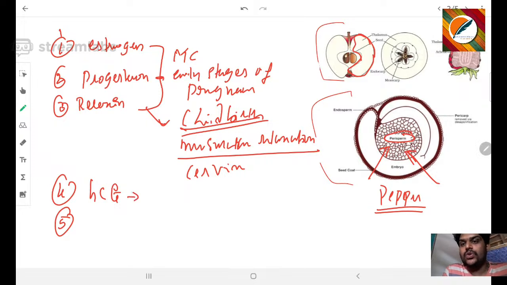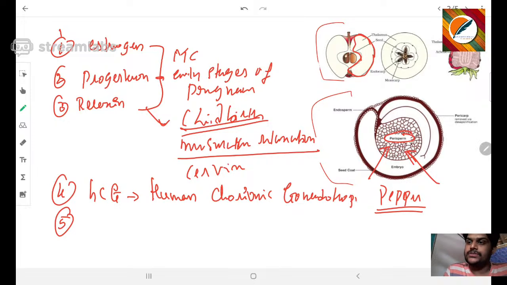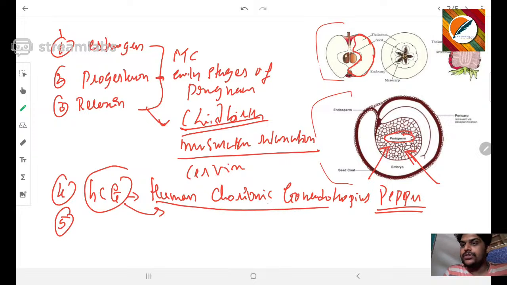That is human chorionic gonadotropin, which helps in maternal recognition during pregnancy. This HCG is released by the trophoblast, and that trophoblast ultimately develops into the placenta.